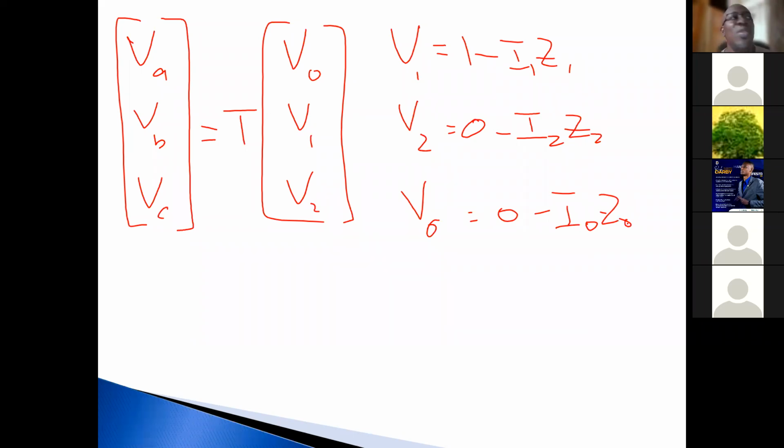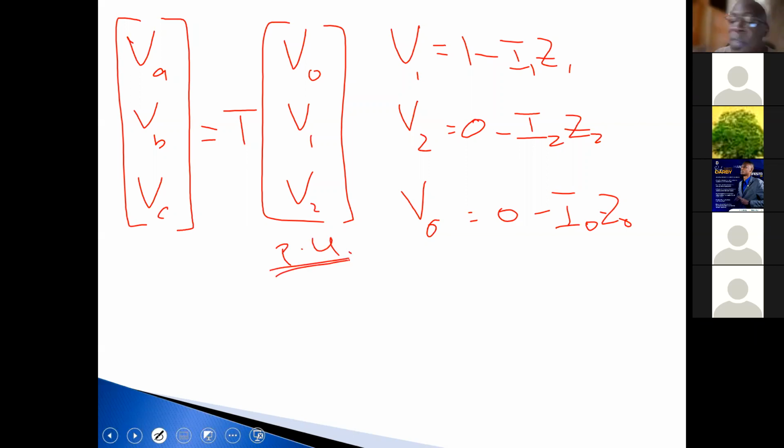And what units would we have here for VA, VB, and VC? KV, sorry, KV. Again? Per unit. So the result here would be in per unit. But what did we ask for?